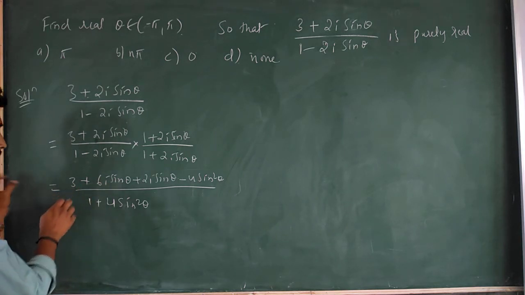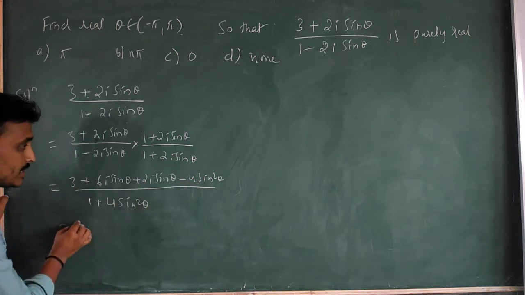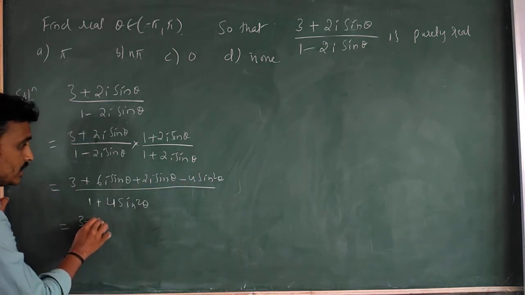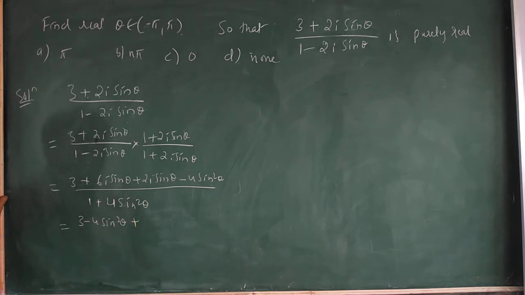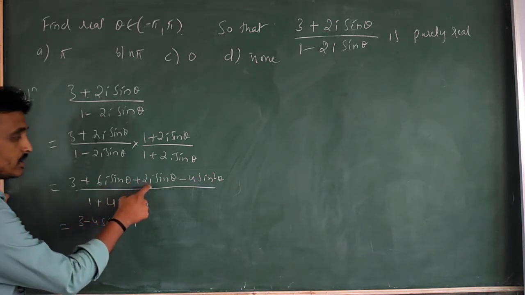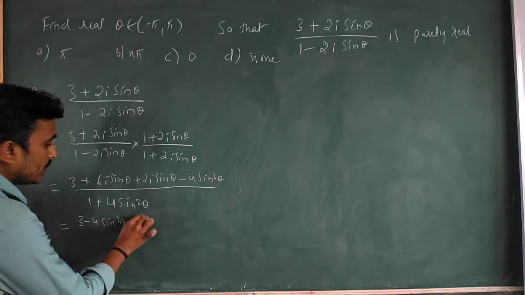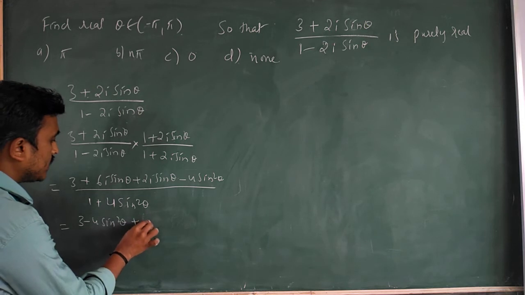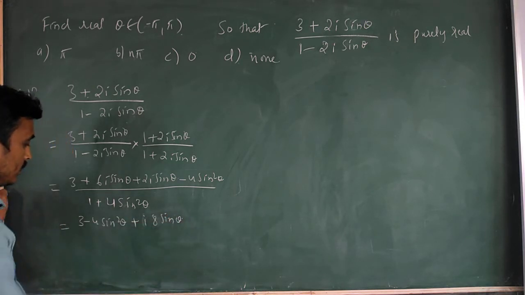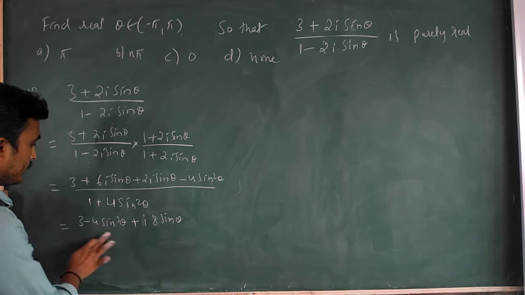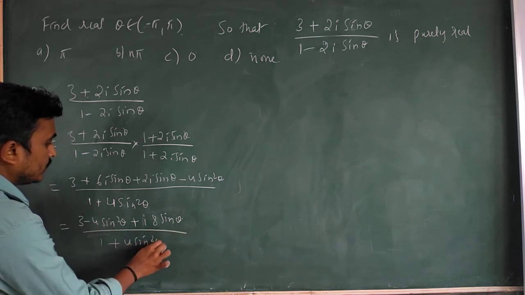Which is the real part? Real, without i, is 3 minus 4 sin square theta, and write the rest on one side: plus 6i plus 2i sin theta, that is 8i sin theta, i into 8 sin theta, divided by 1 plus 4 sin square theta.